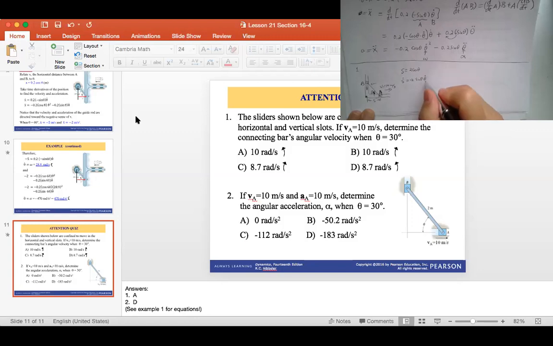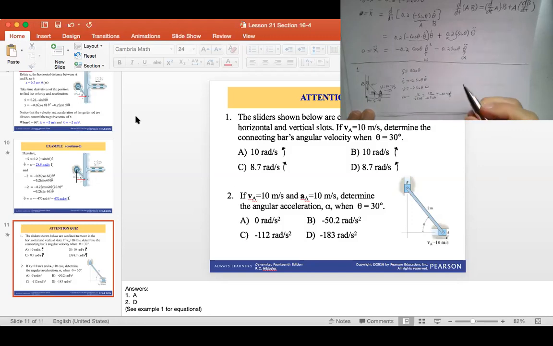So this is omega. V equals minus 2 sine theta times omega. In A, you're looking for omega, and for the instant when theta is equal to 30, omega is equal to V over minus 2 sine theta, which equals 10 over minus 2 sine of 30. That would be minus 10 radians per second.